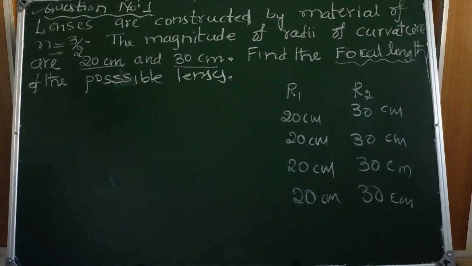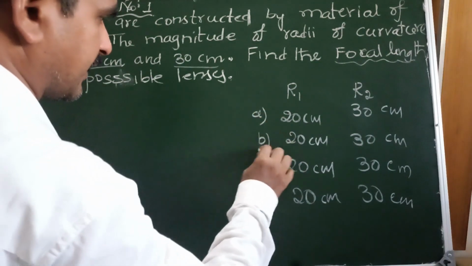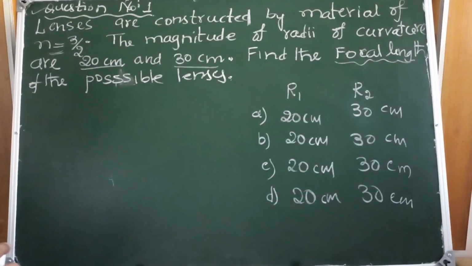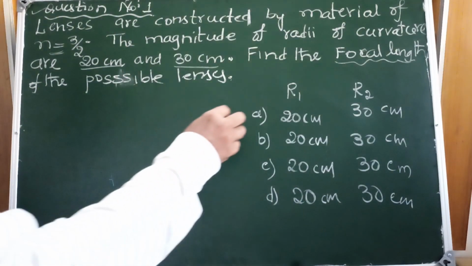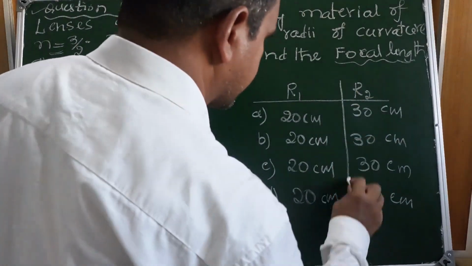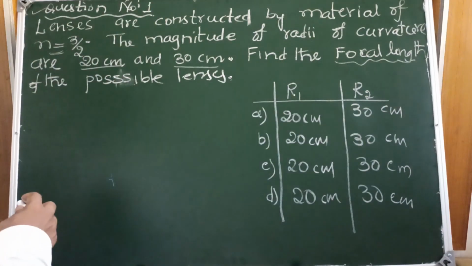Centimeter. Now the possible ways one can construct a lens by considering the radii of curvature are these types of lenses.